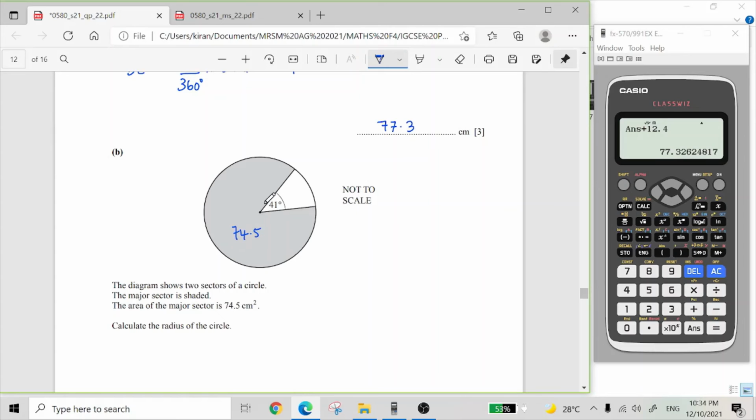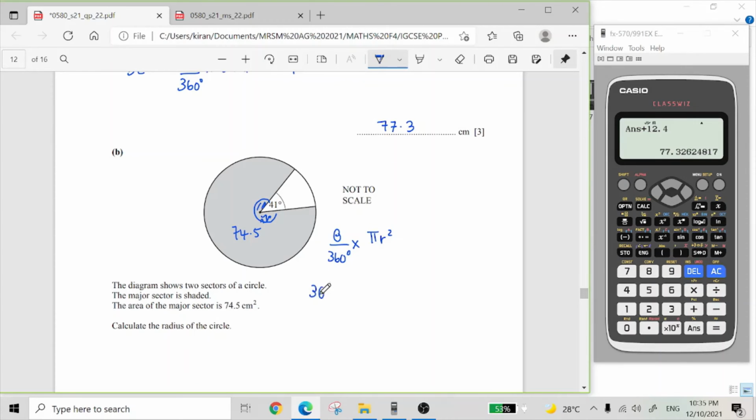So we know that this major one, we can find the angle here. You should memorize the formula for the area of sector, which is the angle over 360, and then we multiply with the area of the circle itself. So we just take the balance here.